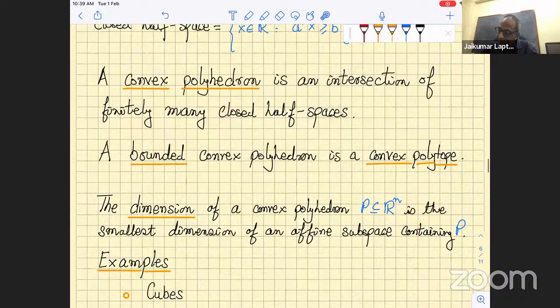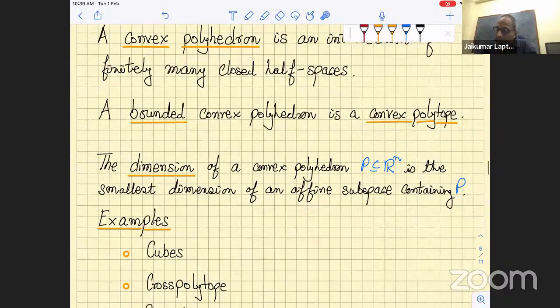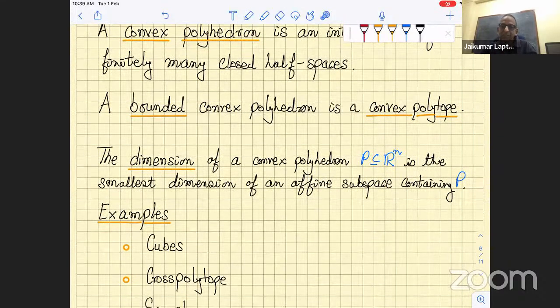Okay. Now, what is the dimension of a convex polyhedron? So it could be that, for example, you are in 3 dimensions and you have this hyperplane, and you consider the half space which is to one side of the hyperplane, and you consider the half space which is to the other side of the hyperplane. And you take the intersection of these 2 closed half spaces.